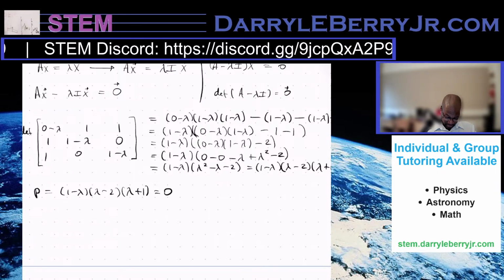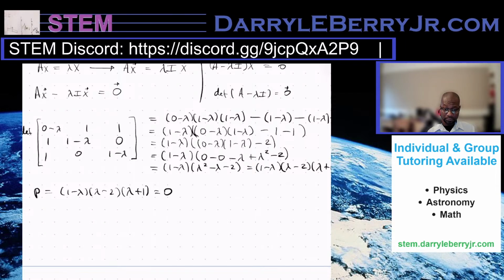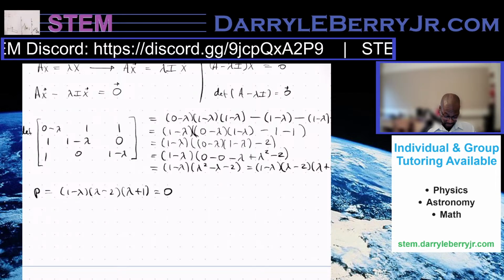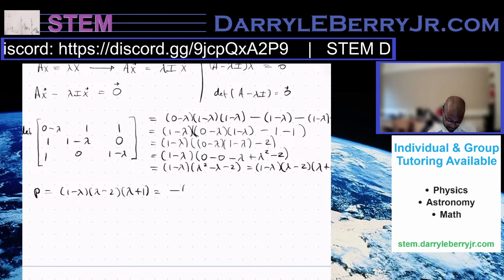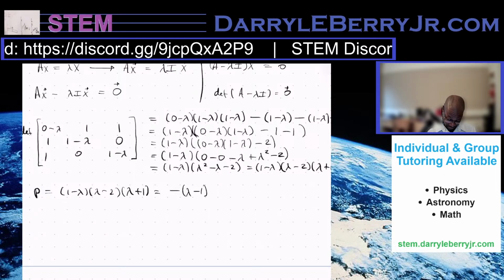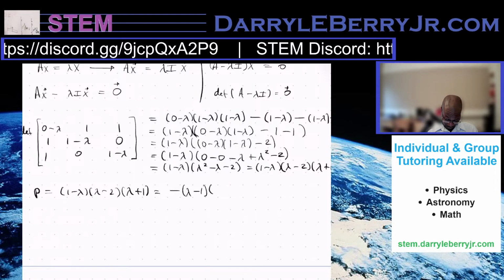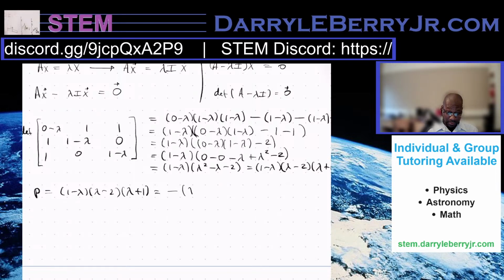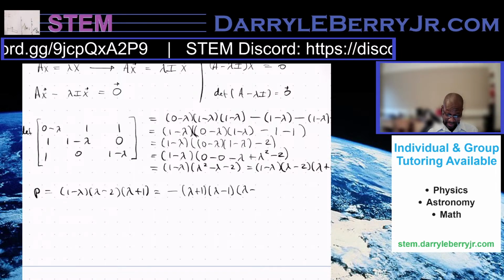Right? Let's see how this looks. I noticed that the book adds another negative and says negative (lambda plus 1)(lambda minus 1)(lambda minus 2).